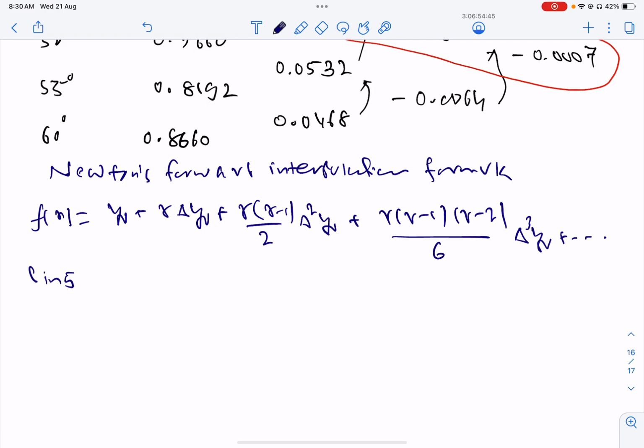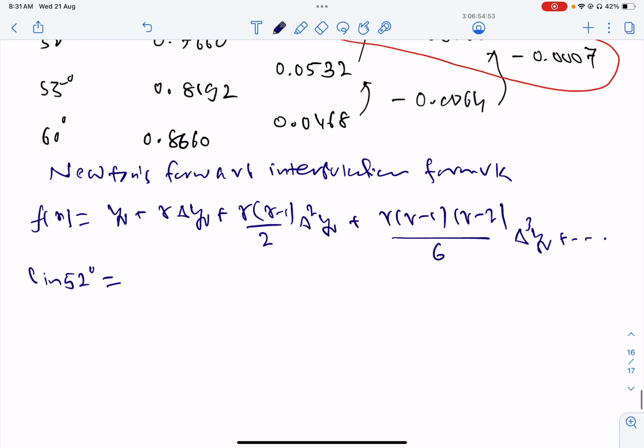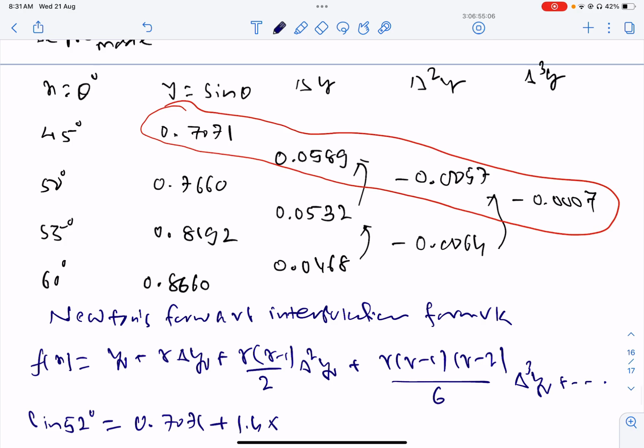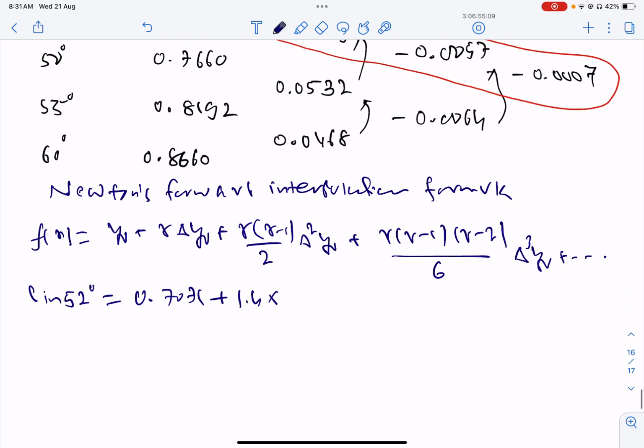So now this is sine 52 degree. So sine 52 degree, y0 is 0.7071, plus r is 1.4. So this is 1.4 into delta y0. So that is 0.0589, plus 1.4 into 1.4 minus 1 by 2 del square y0.